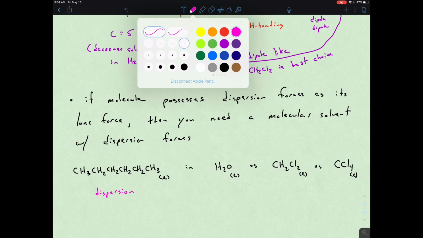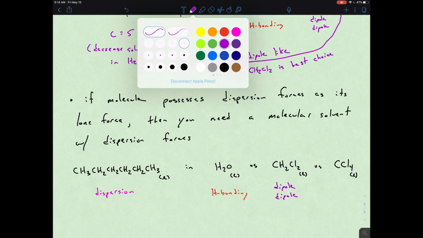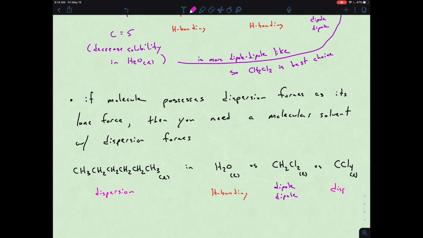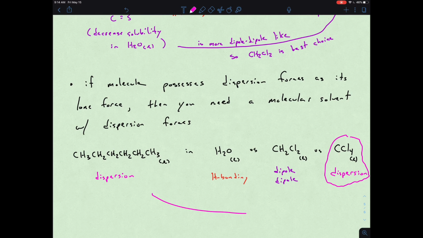And going across the row here, we have our hydrogen bonding. We then have dipole, and then on the end with the carbon tetrachloride, this would actually be dispersion, with all those carbon-chlorine bond dipoles canceling one another out. So we would pick carbon tetrachloride. We have a good like dissolves like.